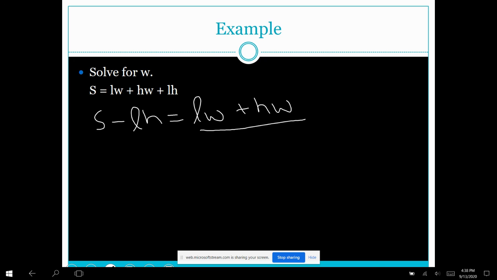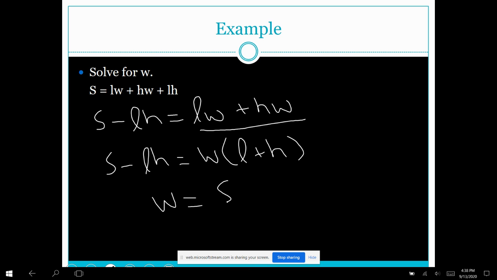So we see that W is a common factor, and we are going to factor the right side of our equation to rewrite it as W times (L plus H). And now I have W times a sum, so I can divide that whole sum from both sides, which gives me (S minus LH) over (L plus H). And that is our final answer.